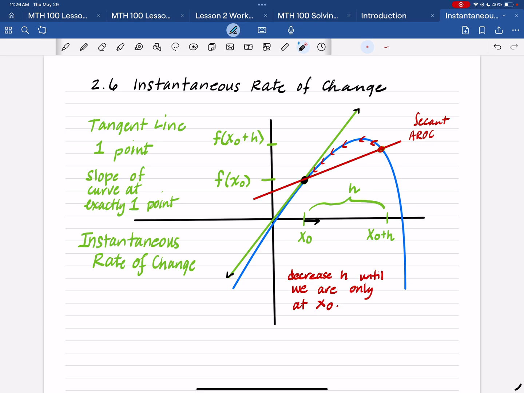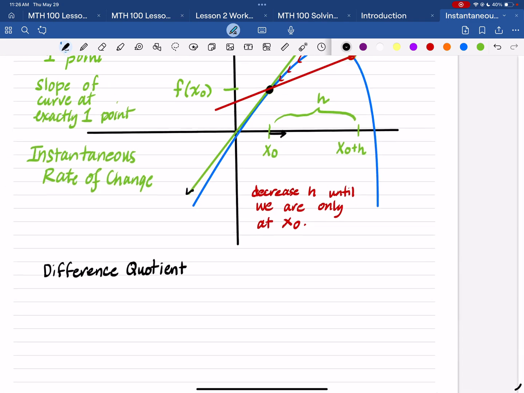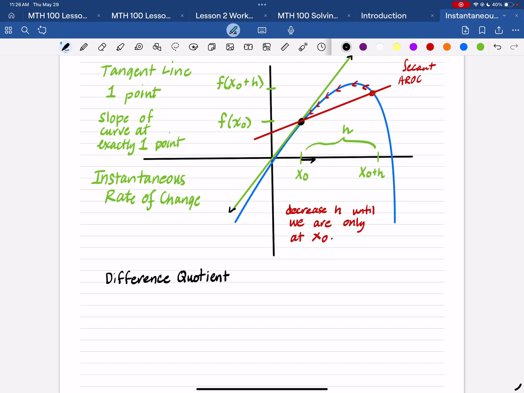Now let's calculate the difference quotient. Remember the difference quotient? Basically, it's the slope formula, right? We call it the difference quotient. So think about what we have. We have our second y, f of x sub 0 plus h, subtract f of x sub 0.